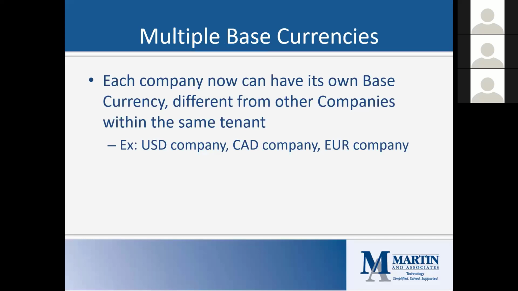But it is a pretty large system change, as you can imagine, to be able to accommodate multiple currencies within the same tenant, just separating that out by company. So that's a pretty big one that I think people have been asking for a while, and they were able to get that done, which is pretty sweet.